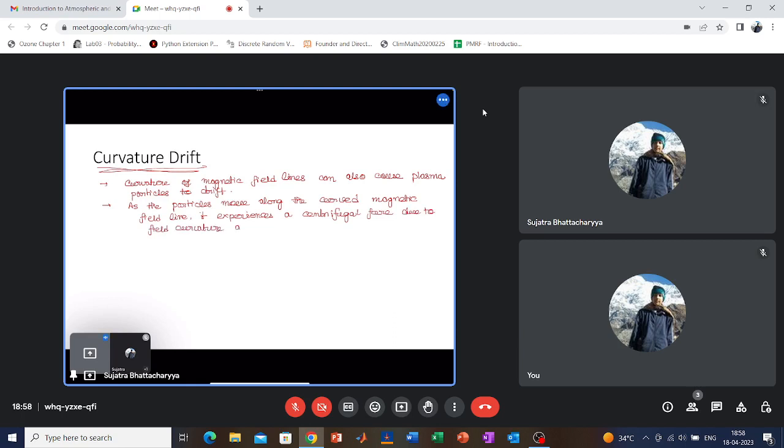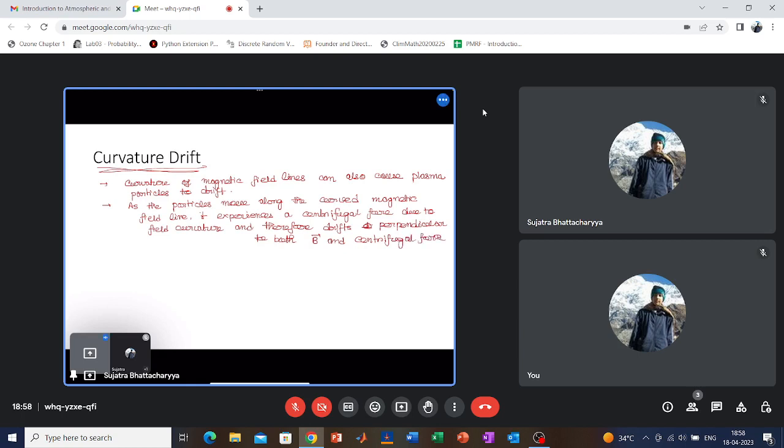And therefore it drifts perpendicular to both B and the centrifugal force. Very interesting.